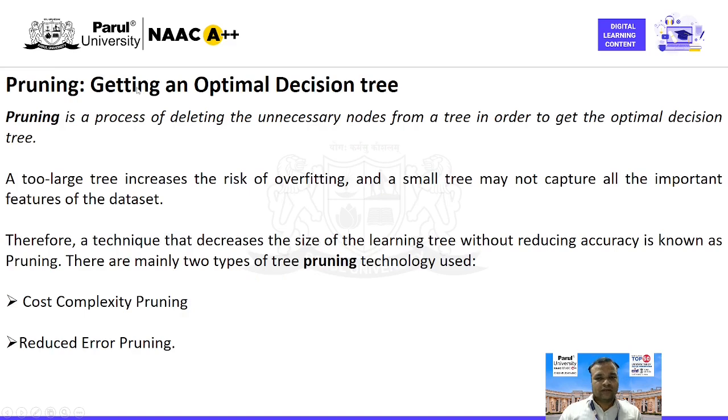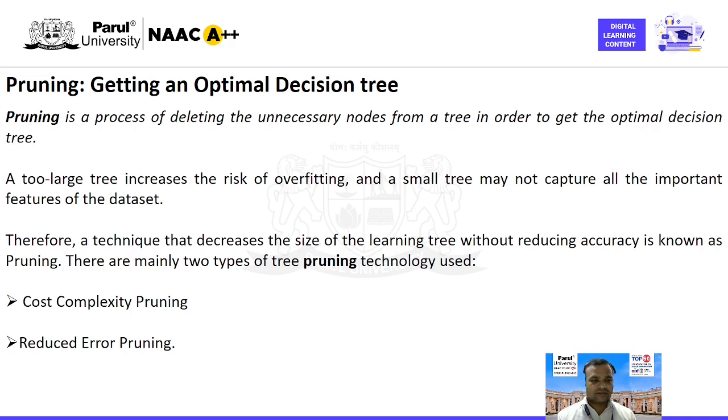Pruning, getting an optimal decision tree. Pruning is the process of deleting the unnecessary nodes from a tree in order to get an optimal decision tree. With the help of the pruning process, we delete all unnecessary nodes from the decision tree, and obviously you will get an optimal decision tree.